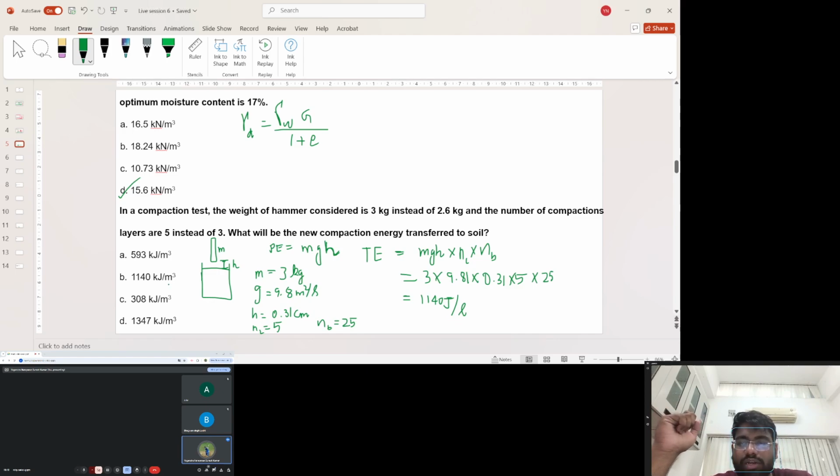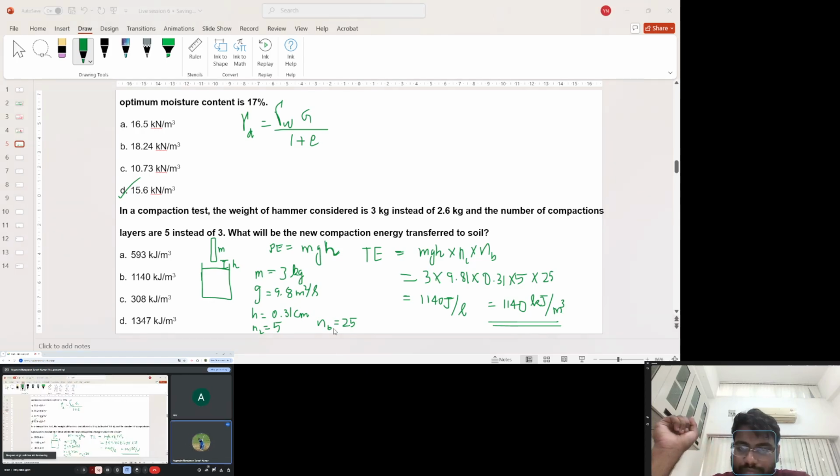If you convert it into meter cube, it has to be 10 power minus 3 meter cube, which when we take it up to the numerator, it will become 1140 kilojoules per meter cube. That is how these options were there. Understood? This is just a unit conversion.